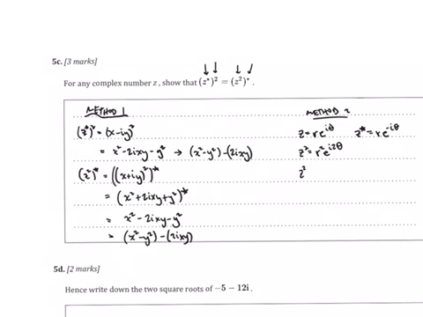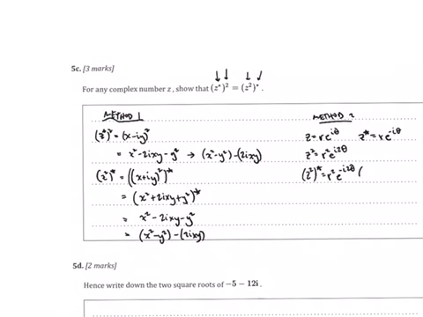So z squared star would equal r squared e to the negative i 2 theta. Okay, and then over here, if I took z star squared, I would get r squared e to the negative i 2 theta, and there you have it. Therefore, z star squared is equal to z squared star.